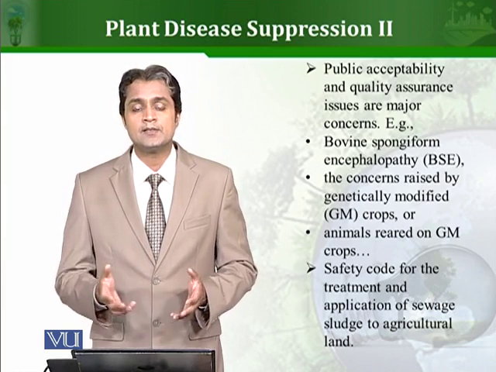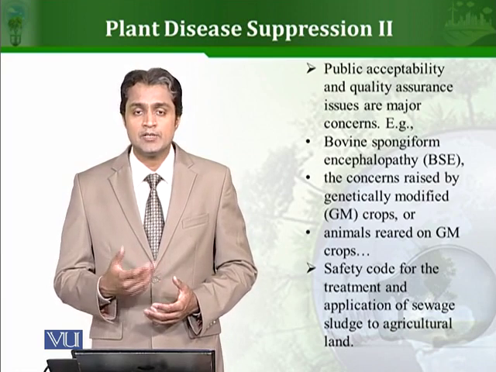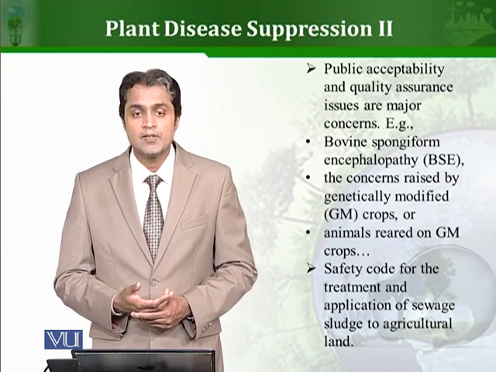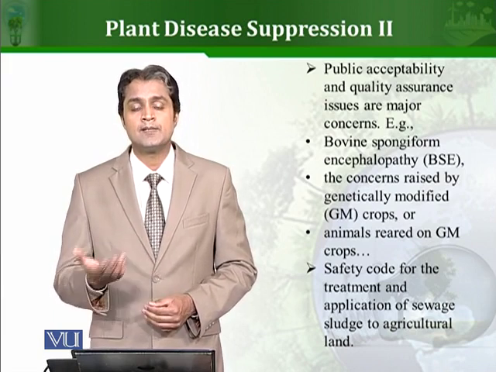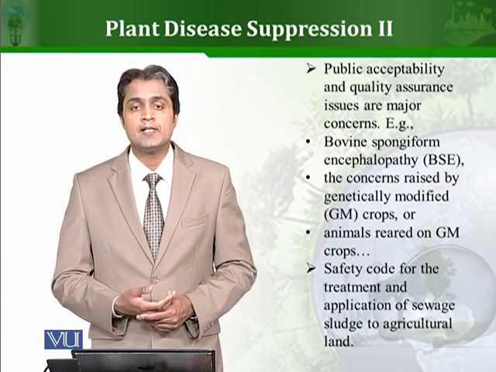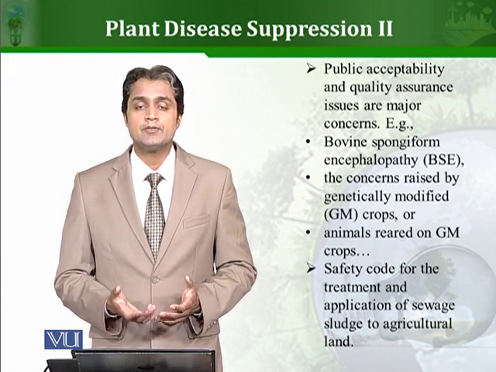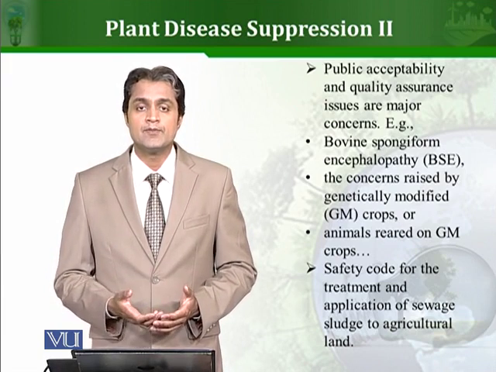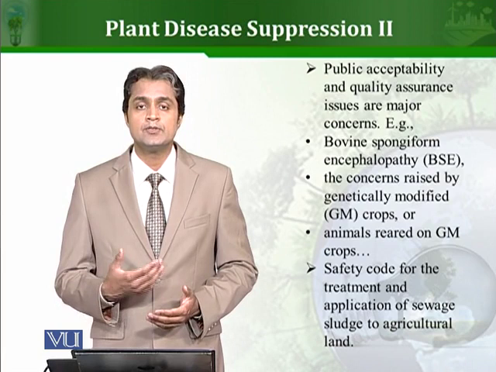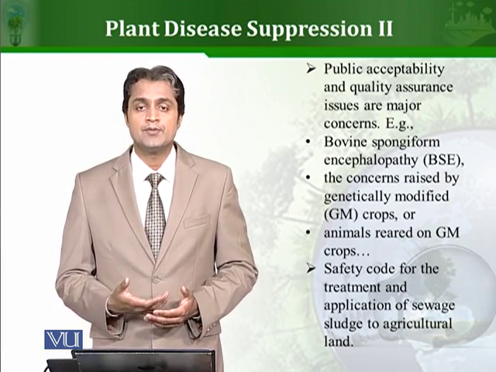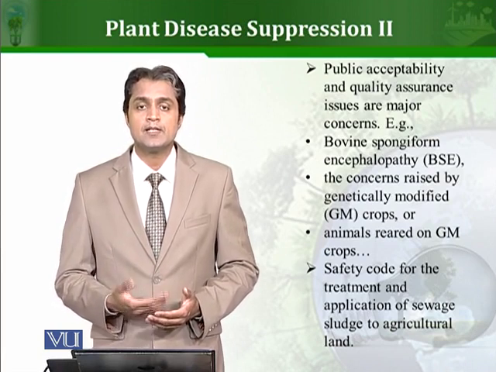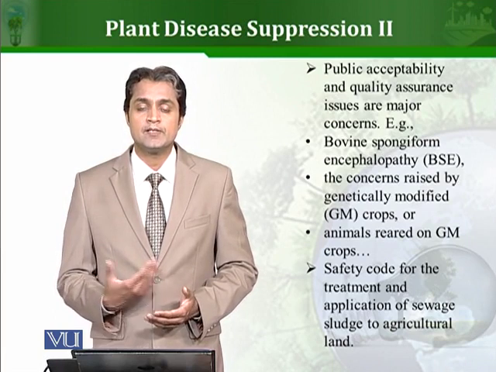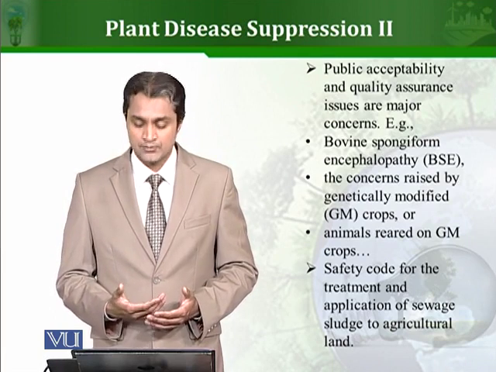There are certain types of genetically modified organisms which are also used as part of this process, and there are certain varieties of the crops which are genetically modified. Those can also be used to suppress plant disease as well. So if we are using GMOs, again the public concern is there whether they can accept this or not.